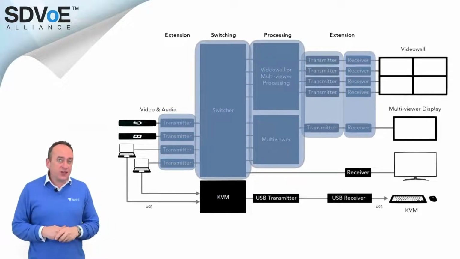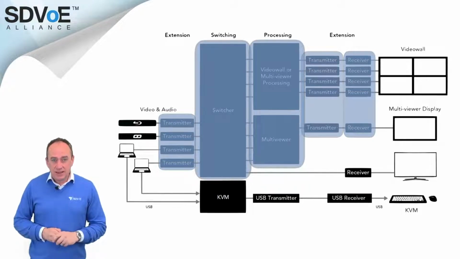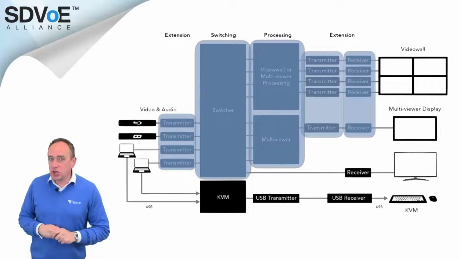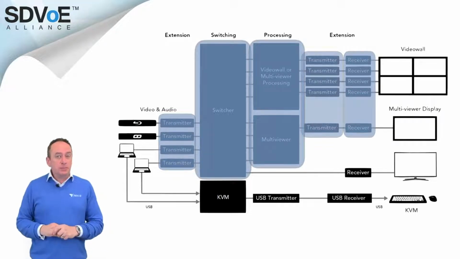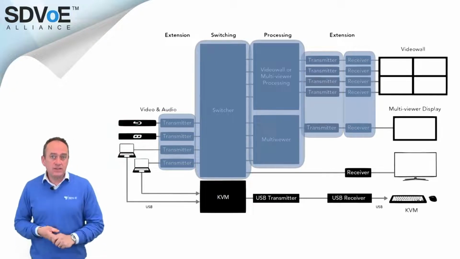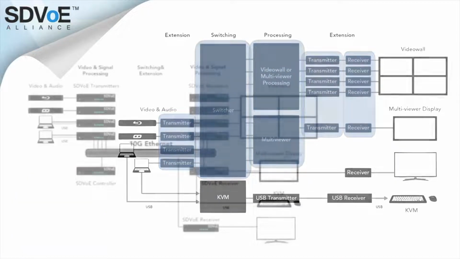We might also have extra peripherals like USB or even an entire subsystem. And these systems do work, but they're time-consuming and costly to design. And their complexity also makes them difficult to install and troubleshoot. And all of this extra time is costing the designer and the installer time and money.